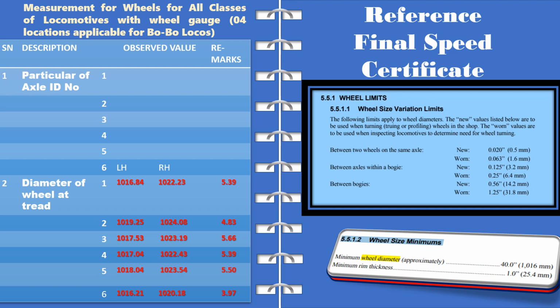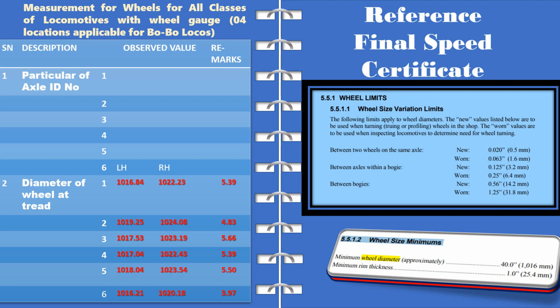And between the front bogie and rear bogie, there are two bogies having a set of 3 axles each. So on 6 axles the variation should not be more than 31.8 mm.